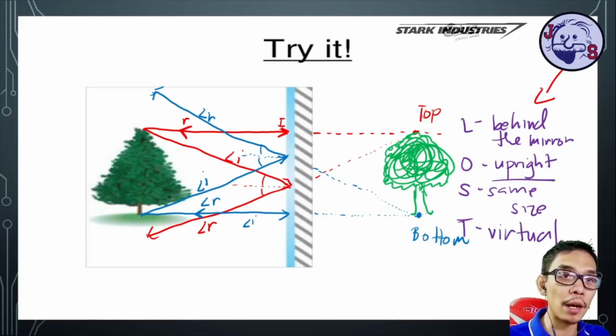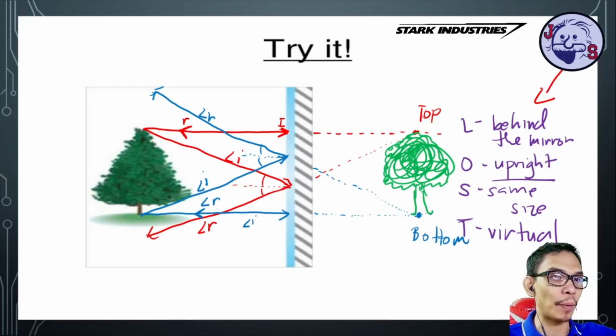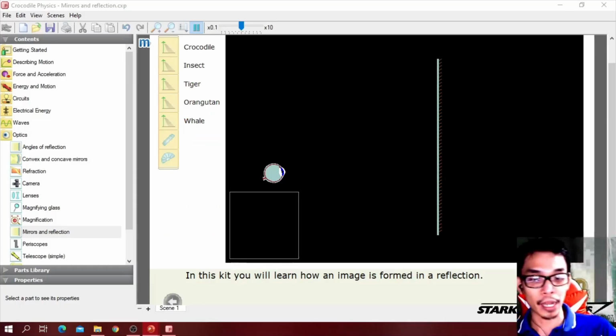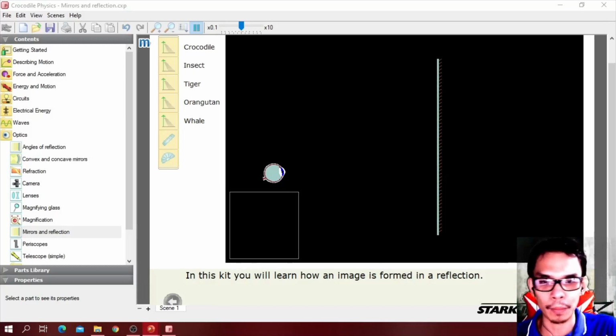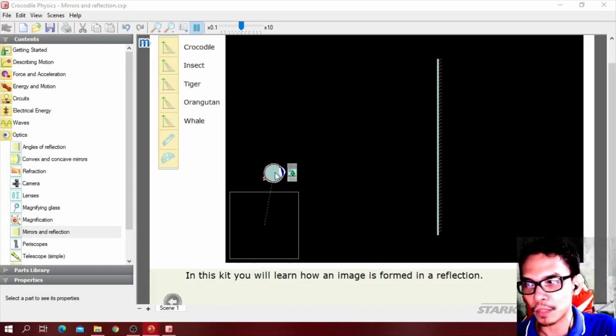Okay, so let's have some simulations about this plane mirror, to better understand the images formed by a plane mirror. Here we have the eye.